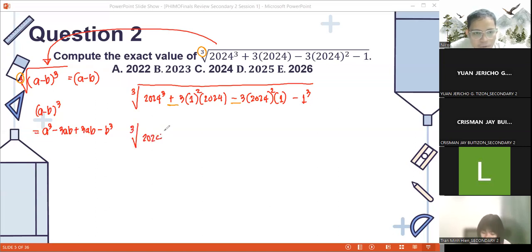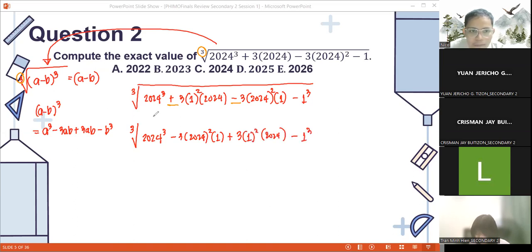So if you have 2024, then the signs are plus, minus, plus, minus. It becomes plus, minus, plus. So this is now your plus, then minus 1 cube.